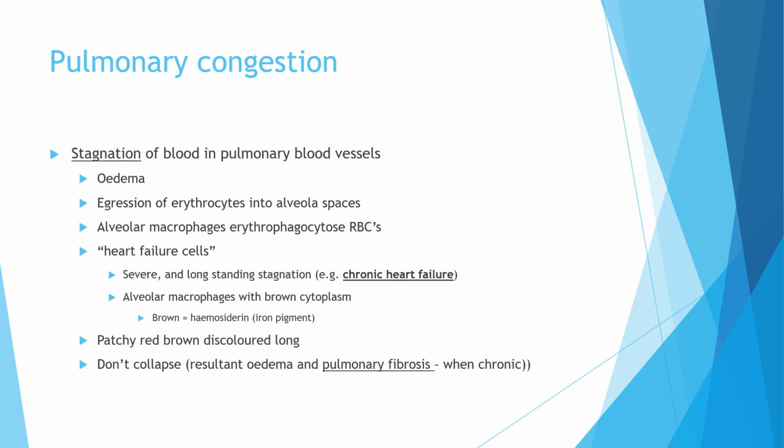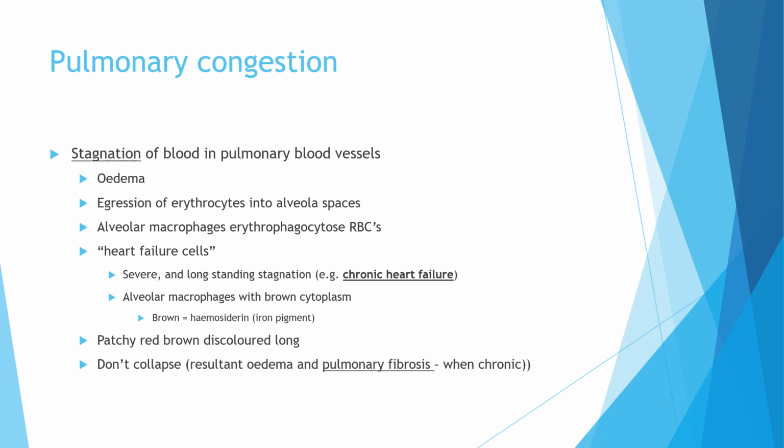Sometimes with pulmonary congestion, you can get migration of erythrocytes into alveolar spaces. If they've been sitting there for quite a while, this will happen through diapedesis, and often what you'll find is that macrophages will go into the alveolar spaces and try to phagocytose all that edema and red blood cells that have now moved through the capillary walls.